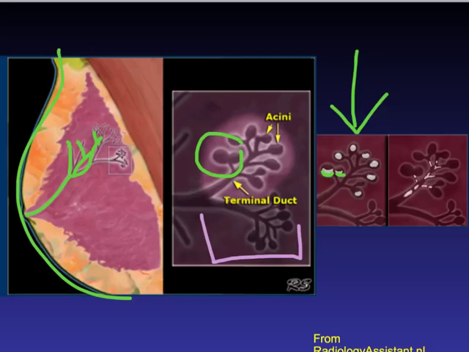This feature tells us with certainty that these are not cancer and are, in fact, benign calcifications. To the right, here, is an example of a different type of calcifications, and these are associated with malignancy. These calcifications are linear and branching within the small terminal ductules and are classic for cancer. So ultimately, we use the imaging features that we see to help us determine the likelihood that these findings are benign or malignant.